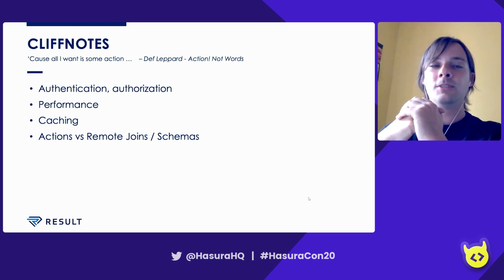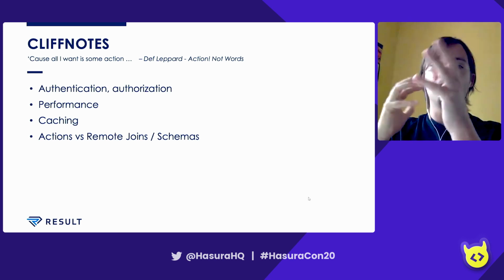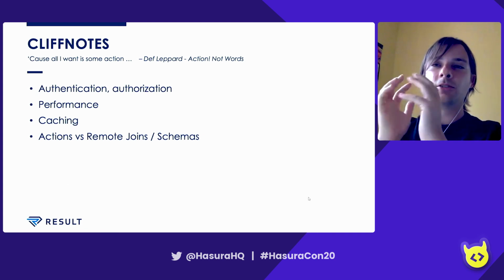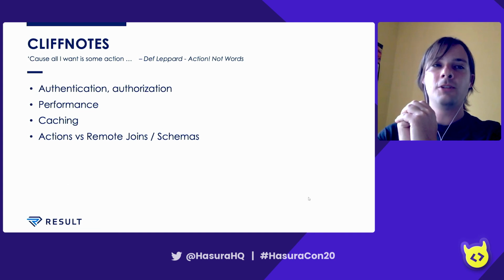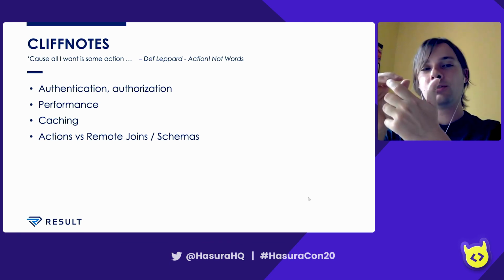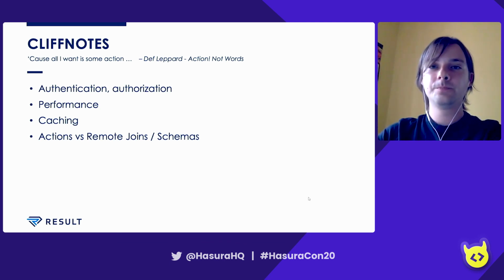We see them as something that can allow you to build a vast ecosystem, or chunk your GraphQL schema into pieces and do easier scaling on it. So there's an ongoing discussion regarding this. I welcome you to join me in the Jamboard discussion into why would somebody use either remote joins or actions. These two are interconnected for us.